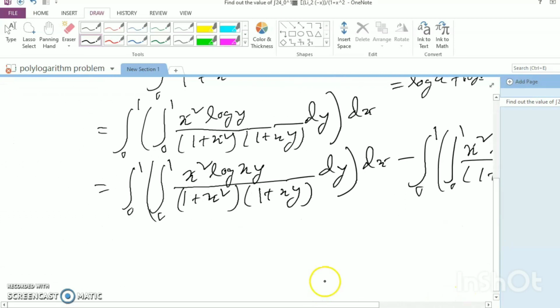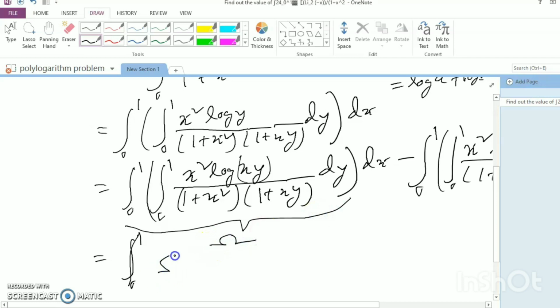Okay, I just use the log property, and now I can write this way: 0 to 1 and x square, and okay, 0 to 1, I can apply symmetry. I can apply this, the integral can be written as omega. So I write it as omega minus omega 1.